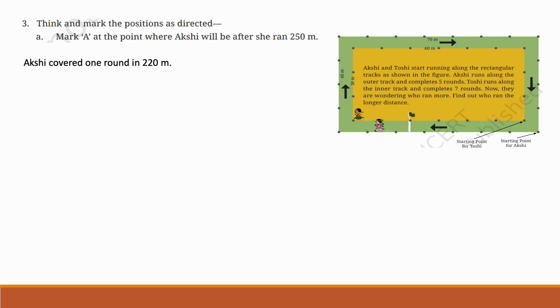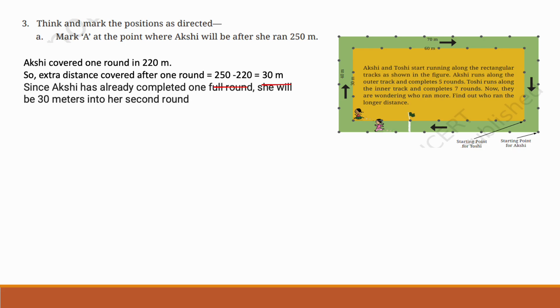So extra distance covered after one round is equal to 250 minus 220, that is 30 meter. Since Akshi has already completed one full round, she will be 30 meters into her second round. So we should mark A here.